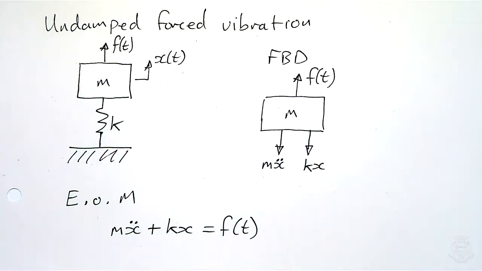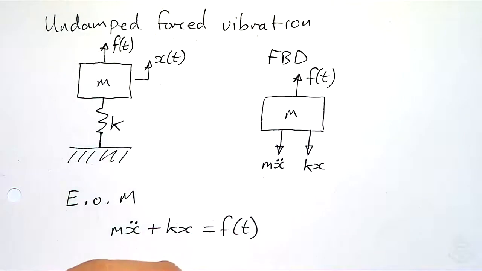This is exactly the same as the equation we derived last time for undamped vibrations, except on the right-hand side we've now got this F of t. If you remember in the lectures previously, I put that to 0, and I said there's a convention that we put the external forcing terms on the right-hand side of the equation. So now we've got one of those terms, and it's F of t.